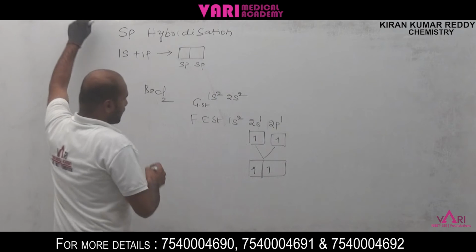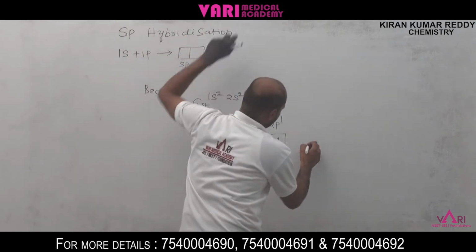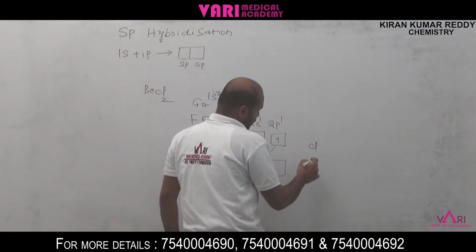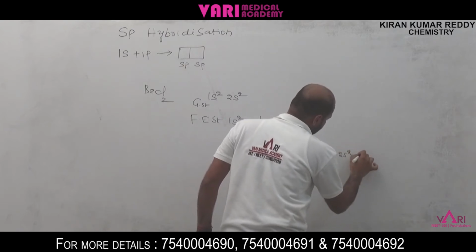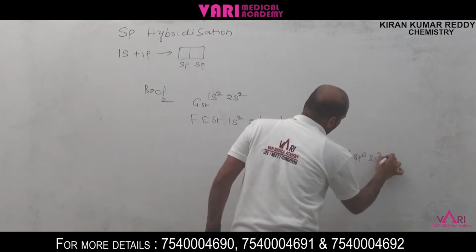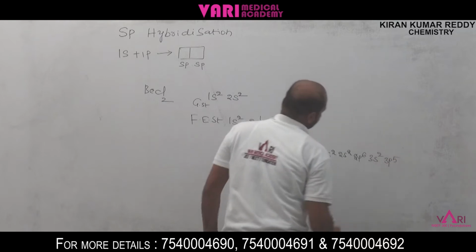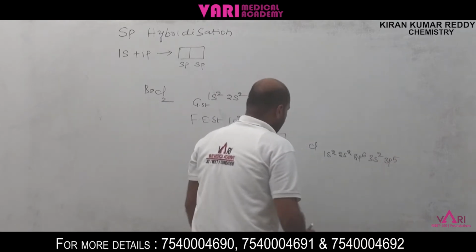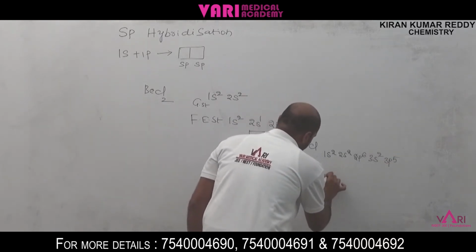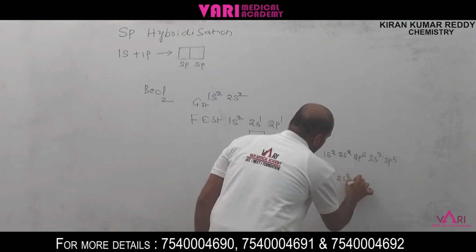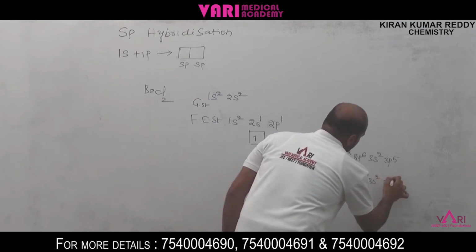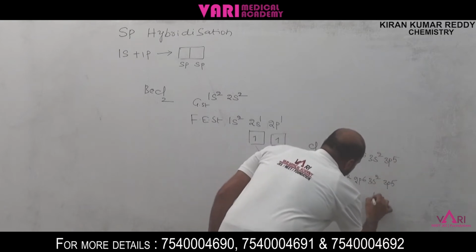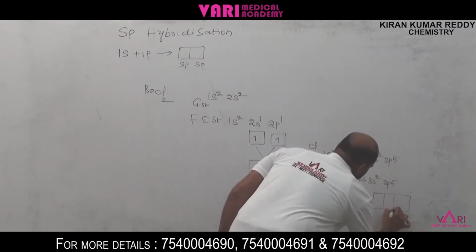Now chlorine: the electronic configuration is 1s2, 2s2, 2p6, 3s2, 3p5. I am taking two chlorines. In the last p orbital we can place electrons: 1, 2, 3, 4, 5.